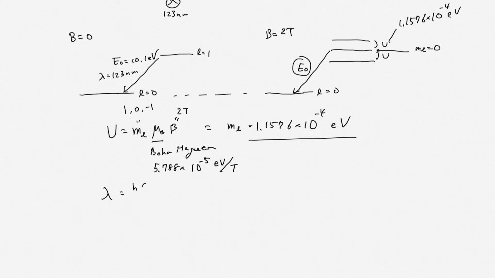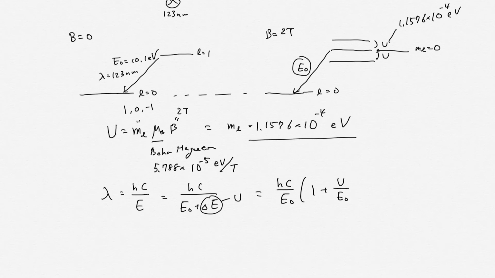This is hc over E, where the energy is E sub 0 plus the difference, which corresponds to U. So you can find hc over E sub 0 times 1 plus U over E sub 0, minus or plus. Then you can substitute U here, and E sub 0 is 10.1 electron volts.